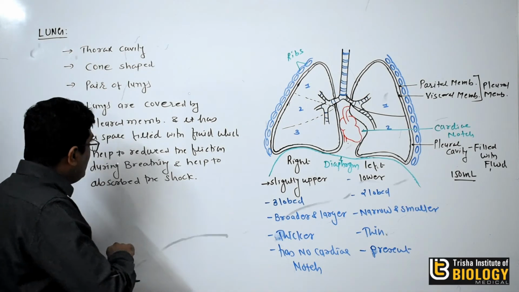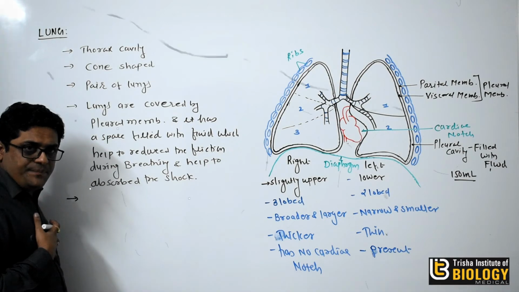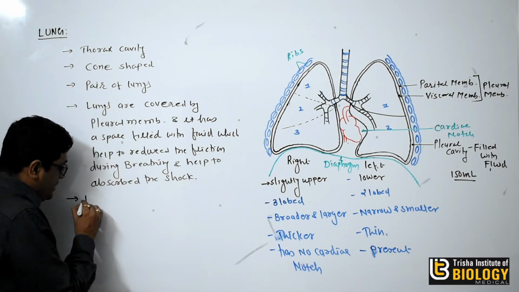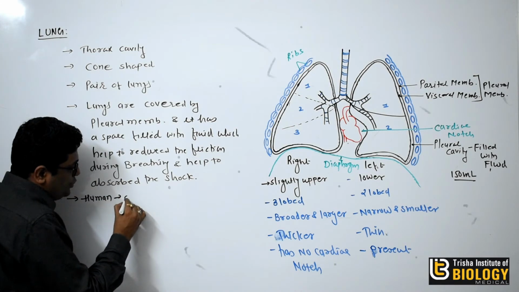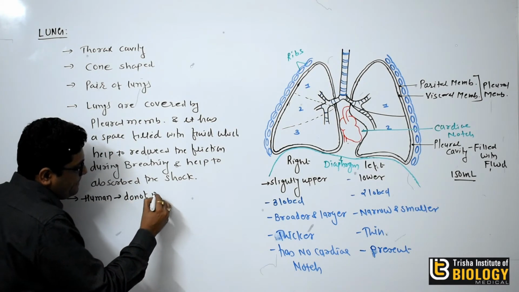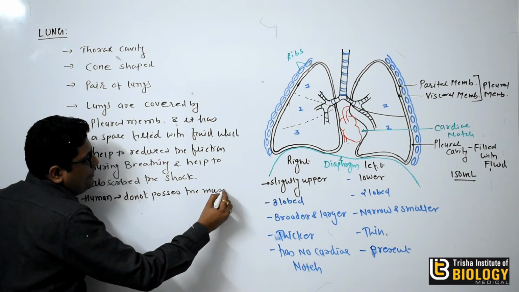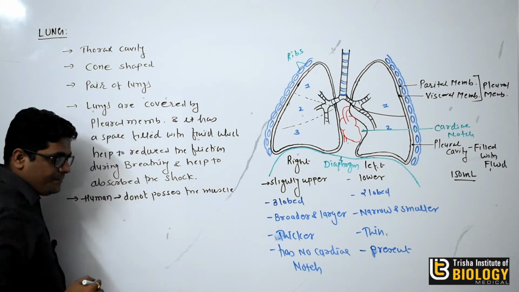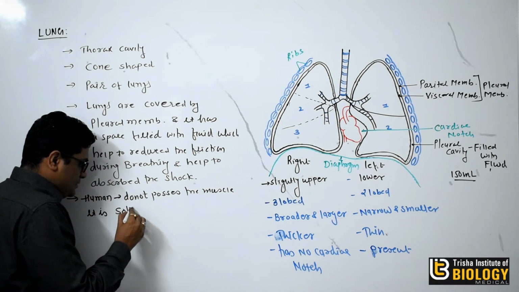Okay, now the lungs are protected in the thorax cavity, and the human lungs, or mammal lungs, do not possess muscles.